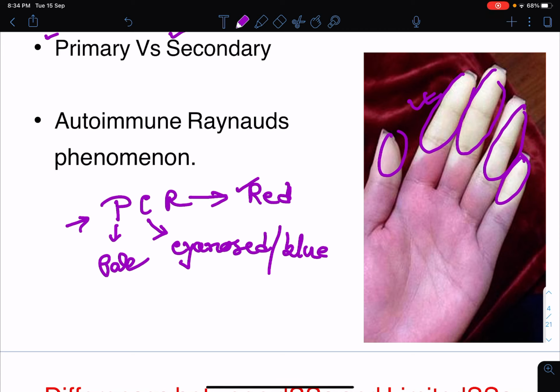So P stands for pale, C stands for cyanosed, and R stands for red. This is the chronology of the color change in a patient with Raynaud's phenomenon. If Raynaud's phenomenon persists for a long time, then ultimately the patient will develop digital ulceration also.